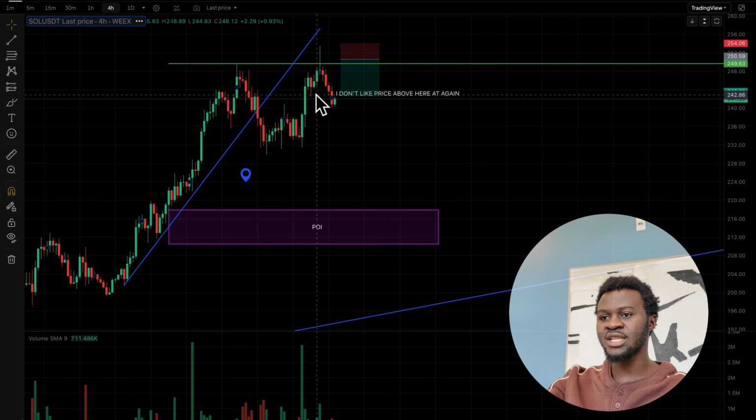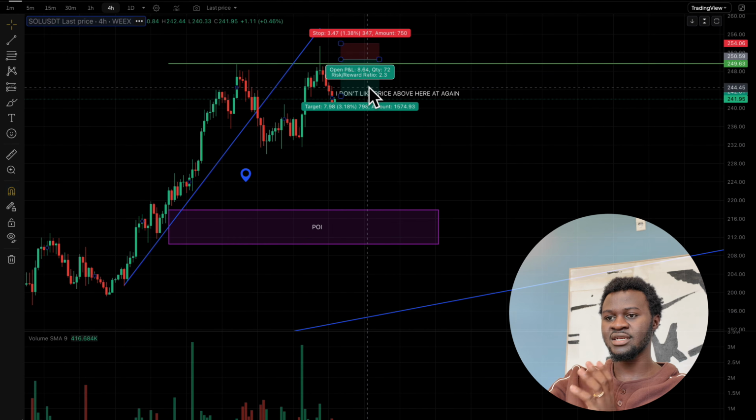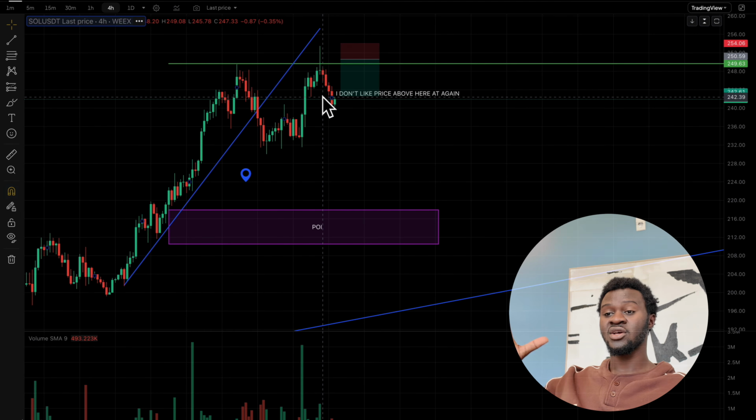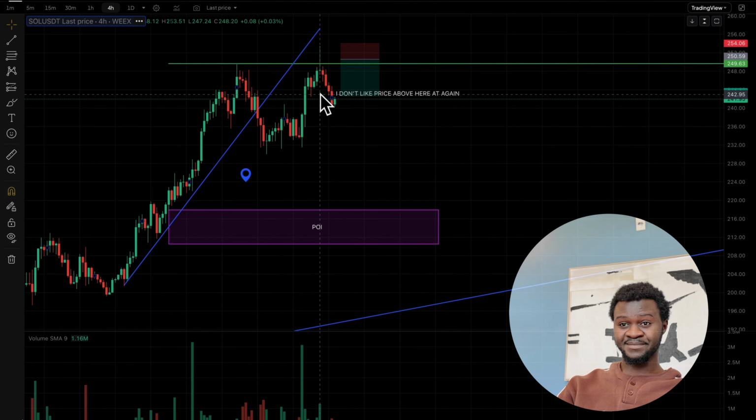So this was actually my target for this trade, and it actually came there, but we closed way below that. I'm like, okay, these are more signs that there's a big swing trade coming up on this.